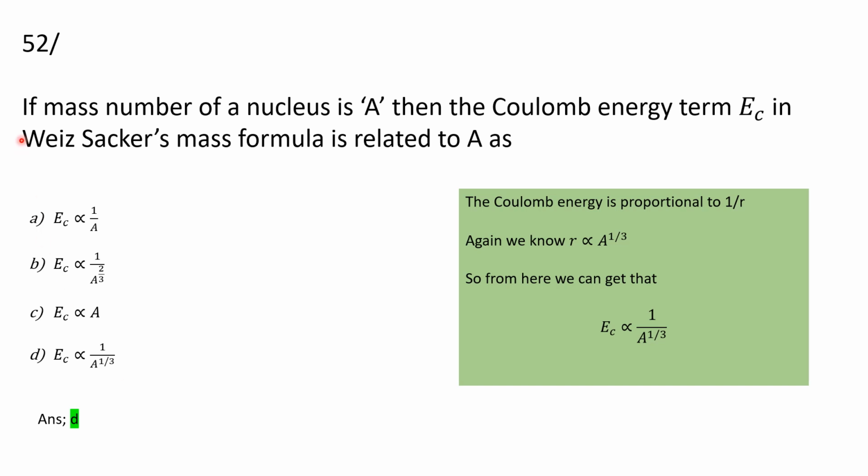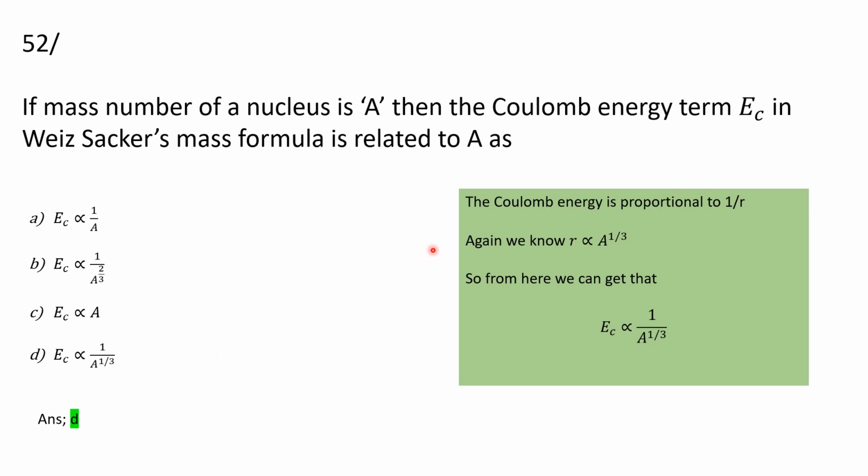Then, if the mass number of a nucleus is A, then the Coulomb energy term EC in Weizsäcker's mass formula is related to A how? The options are proportional to 1 by A, proportional to 1 by A cube, A to the power 2 by 3, proportional to A, and the last option says proportional to 1 by A to the power 1 by 3.